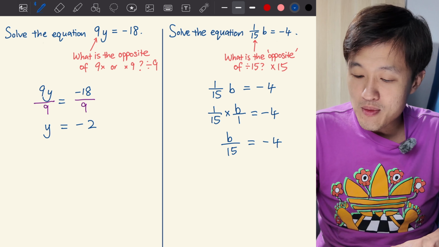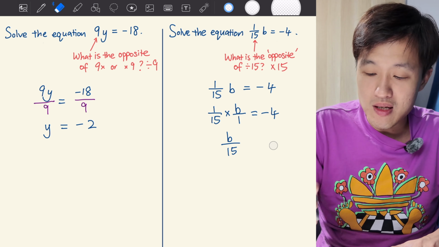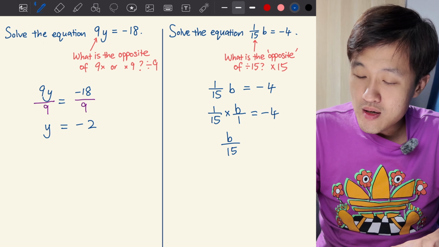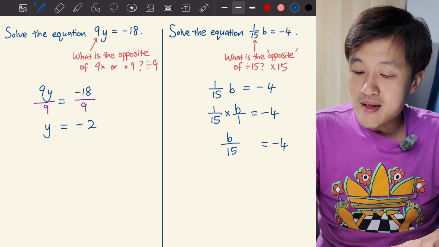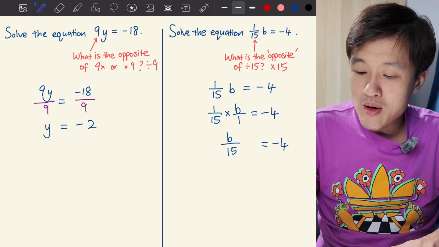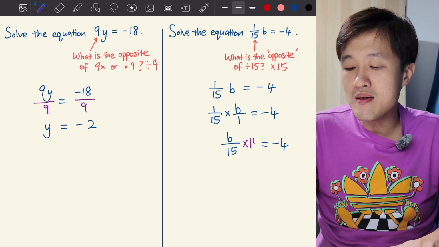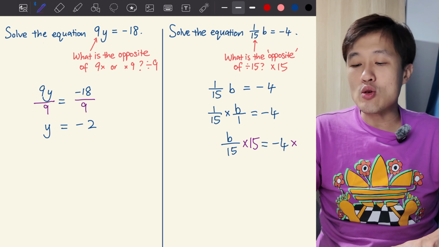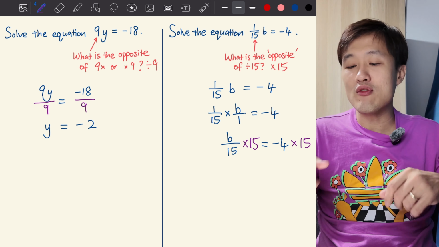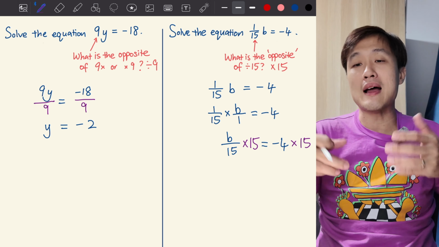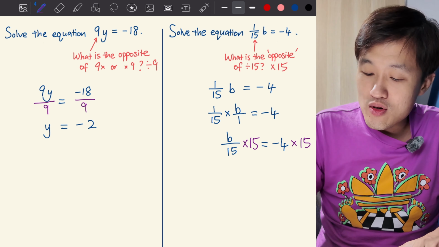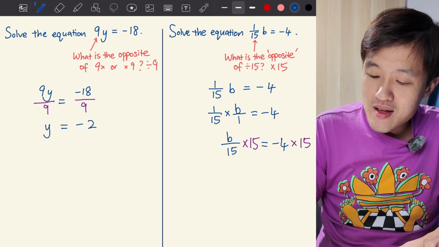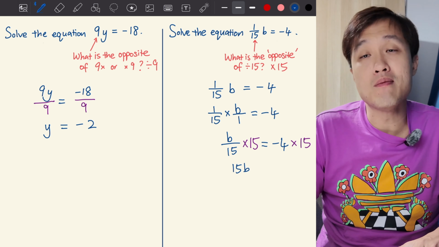Right. So here what I'm going to do is to space it out a little bit. Okay, and I'm going to do the same again. So I'm going to times 15 on both sides. So what we do here as well, if we times 15 over 1, we're getting 15b over 15, right?